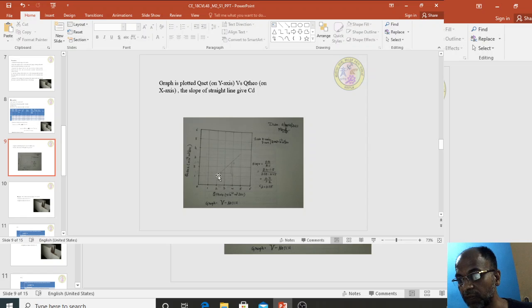I took a reference length of 1 centimeter or 1.5 centimeter here. I join this. AB by BC, I took 2.4 minus 1.5 divided by the corresponding 3.55 minus 2.35. If you do it, 0.9 by 1.2, you will get 0.75.